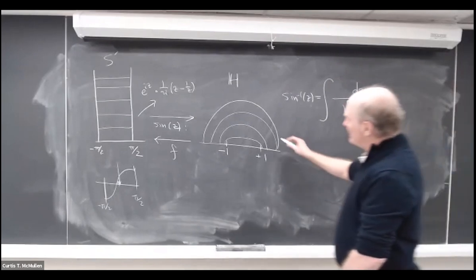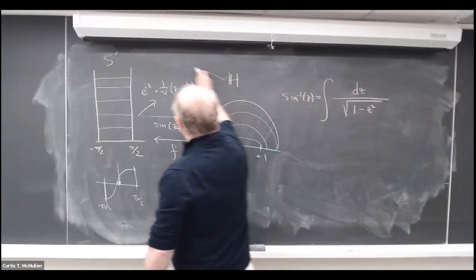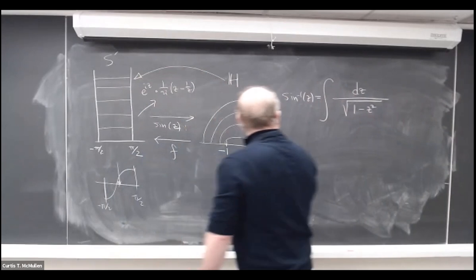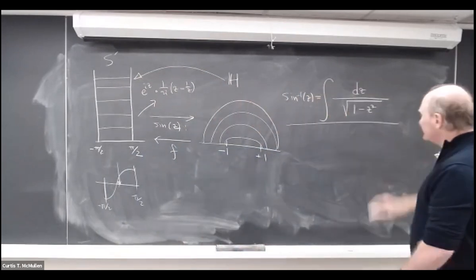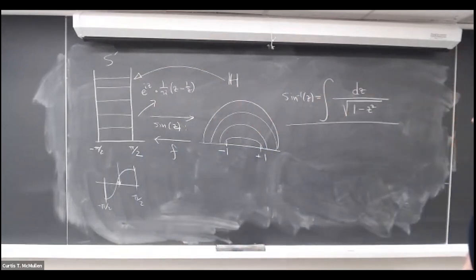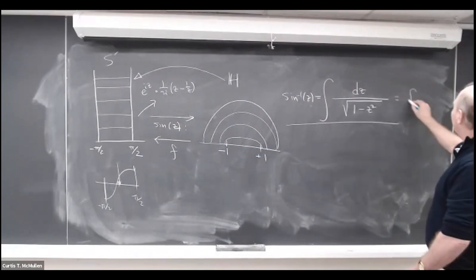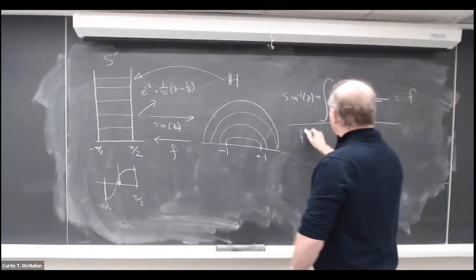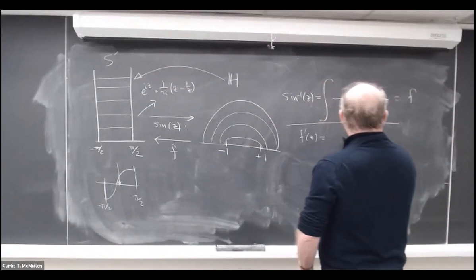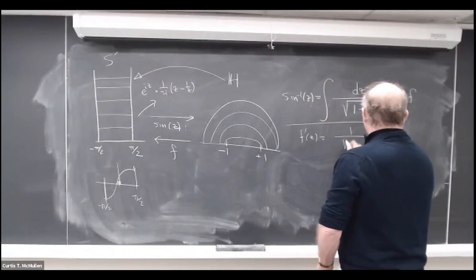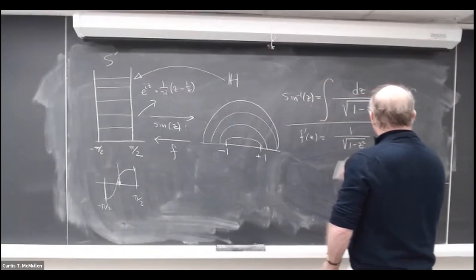So this Riemann mapping going from the upper half plane back to the strip can be written as an integral. And that means, by the way, that if we look at f prime of z, it's equal to 1 over the square root of 1 minus z squared.